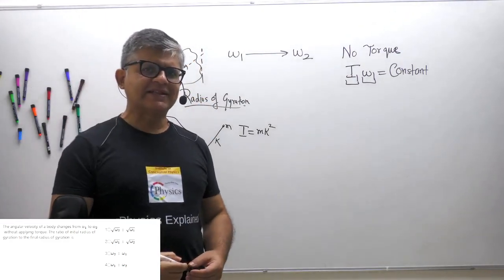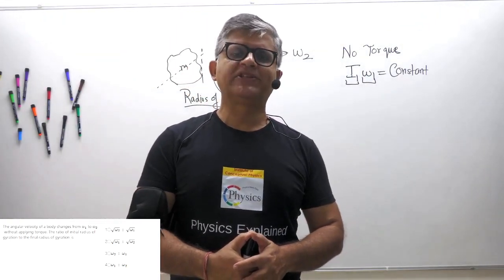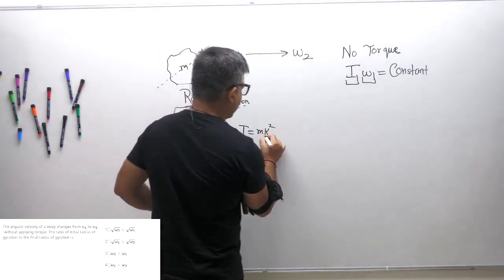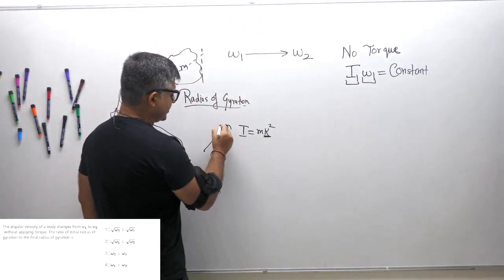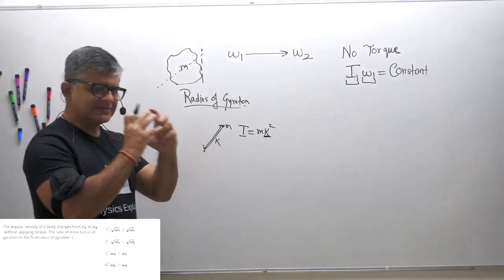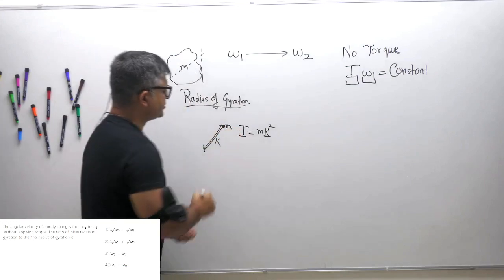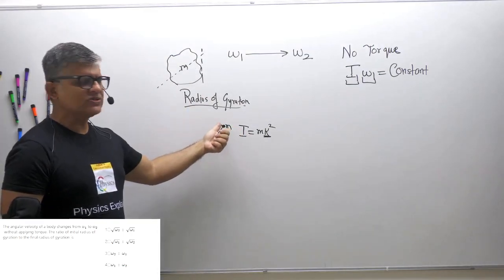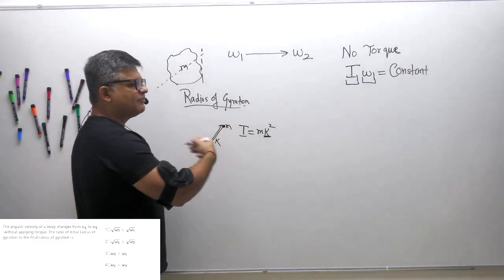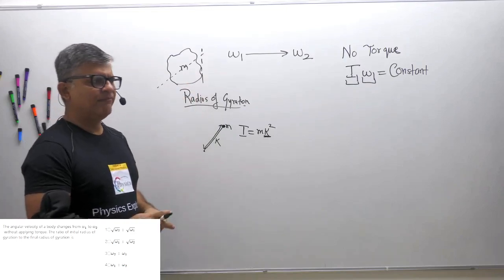But there is another expression for the moment of inertia of the same rigid body, which can be written as MK squared, where K is the radius of gyration. This is the length. So if the whole mass is concentrated on the radius of gyration, then the moment of inertia you get is the same as what exists for the body.